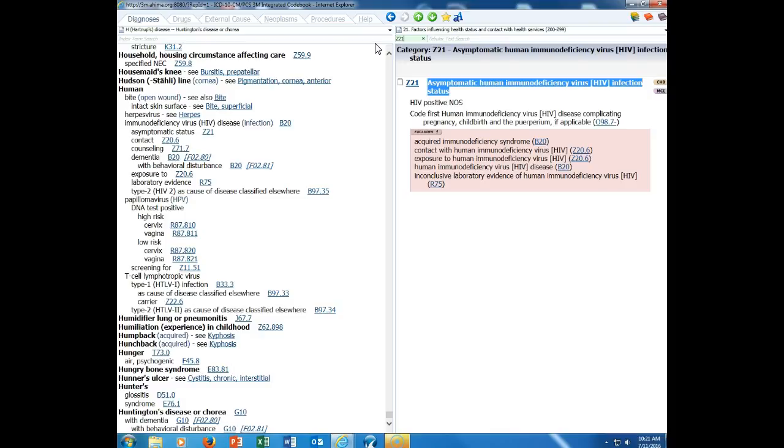But for some reason, Northern Europeans who survived about 3 bouts of the plague seem to have some immunity to HIV. But once you're positive for it, it doesn't matter whether you're newly diagnosed or throughout the course of your life. You will always be Z21.